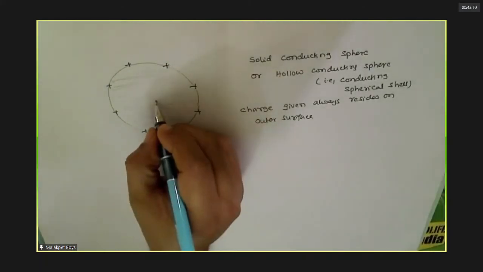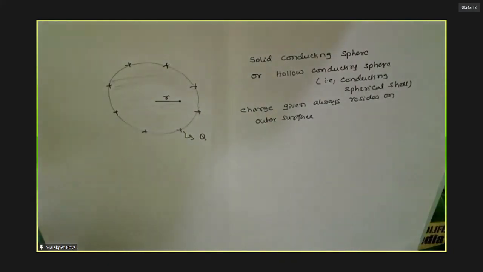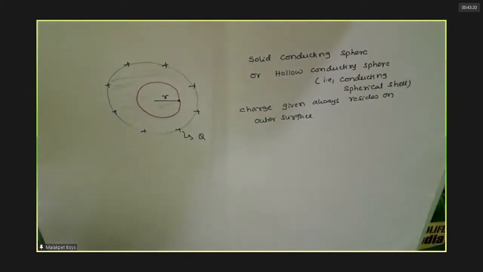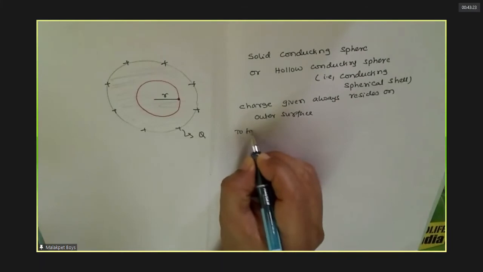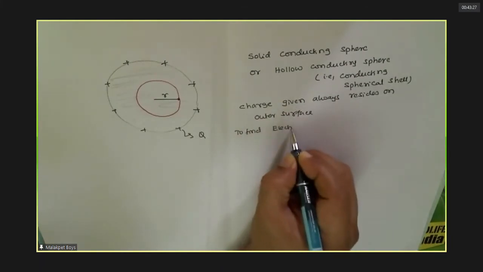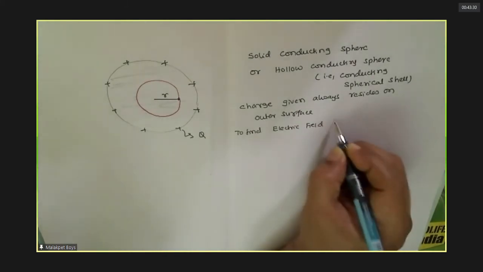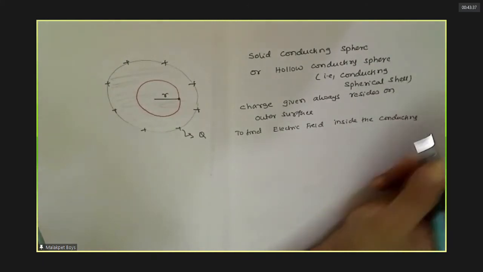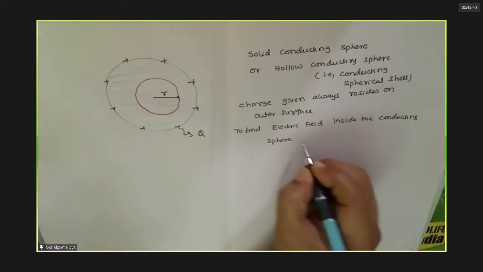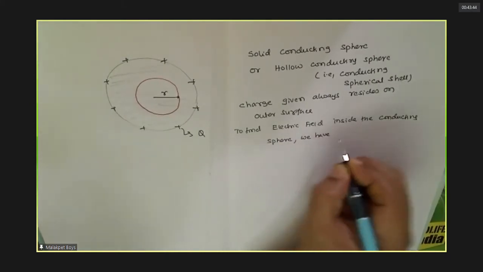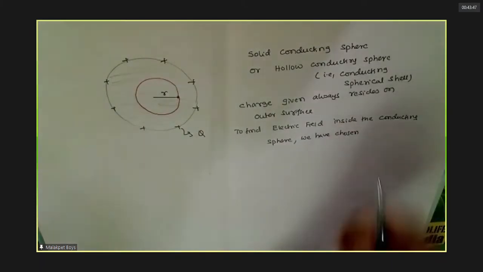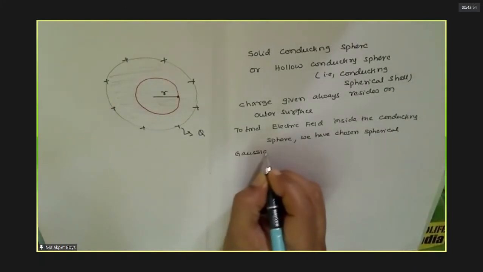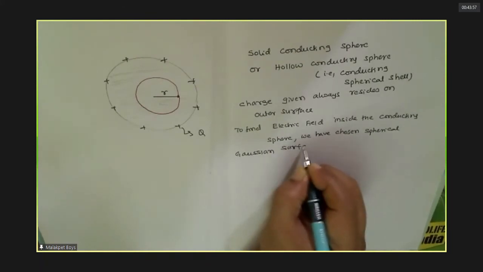Now suppose we need the field inside, you will take a Gaussian surface. Understood this?